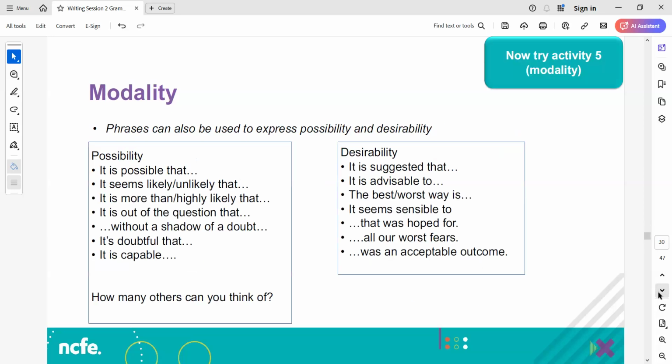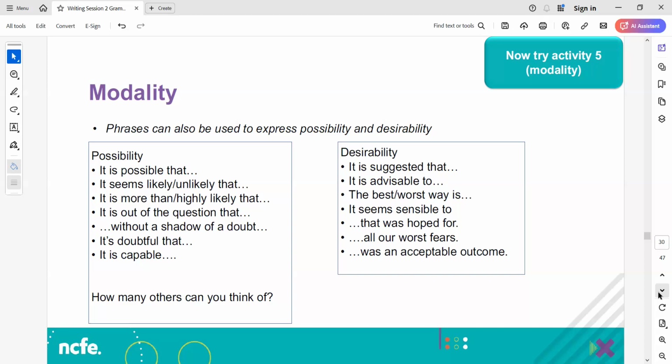So we can also use phrases to express modality, to express possibility and desirability. So for possibility, the examples we could use would be, it's possible that, it's likely or unlikely that, it's more than highly likely that, it's out of the question, without a shadow of a doubt, it's doubtful that, it is capable.